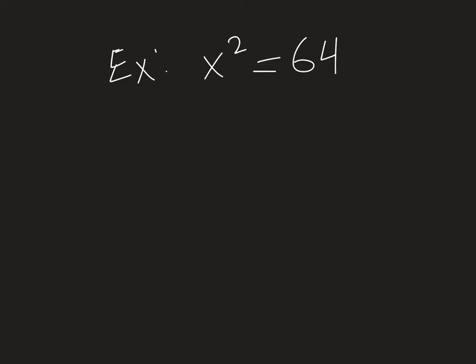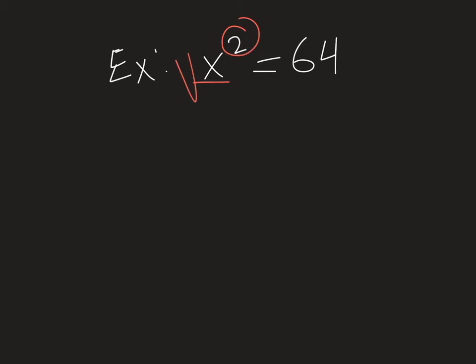Let's say I had the equation x squared equals 64. Well, there's two possibilities here. Since I just have a single x and it's squared, I can undo that square with a square root. Now I have to be careful when I do that because I have to consider both the positive and the minus case.